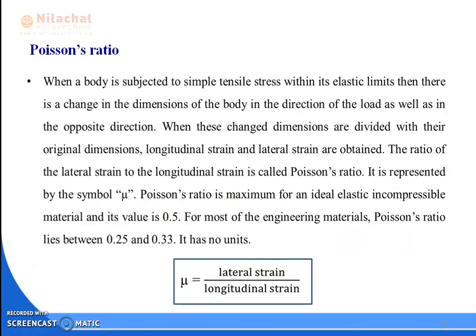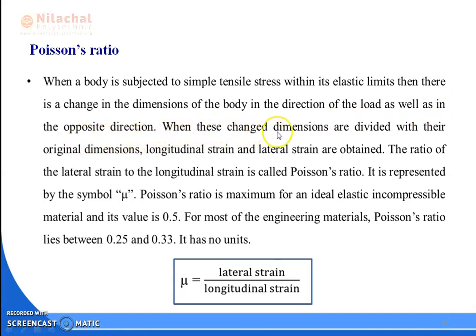The next elastic constant is Poisson's ratio. It says that when a body is subjected to simple tensile stress within its elastic limit, there is a change in dimension of the body in the direction of the load as well as in the opposite direction.